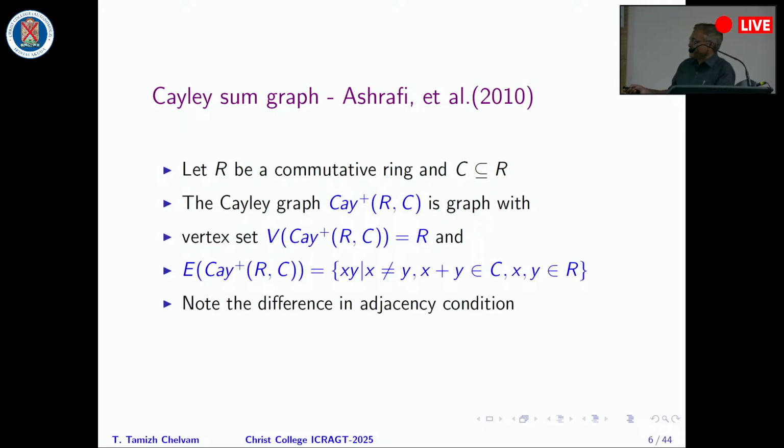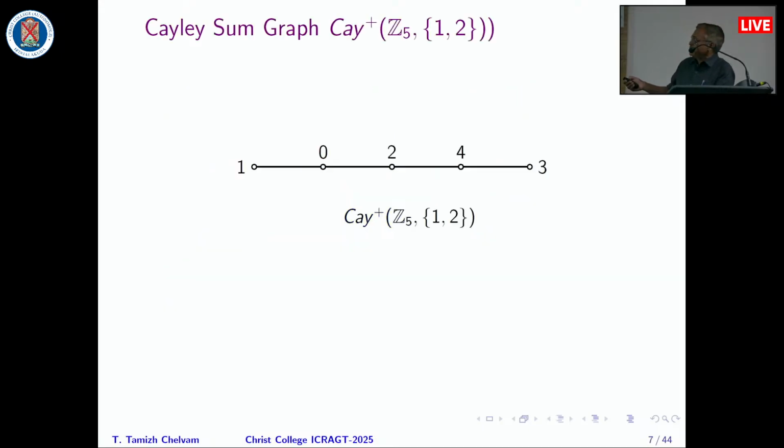The very first reason is, take Z5 and the set 1 comma 2. This is the Cayley sum graph with respect to 1 comma 2, and it is not regular, thereby they are not isomorphic. Ultimately, the study of Cayley graphs and Cayley sum graphs needs to be attended to differently.